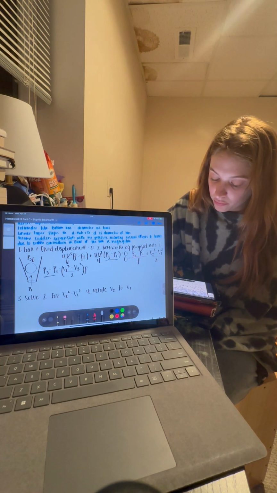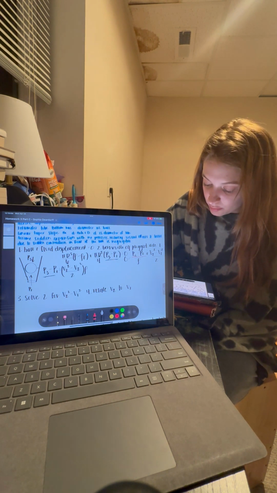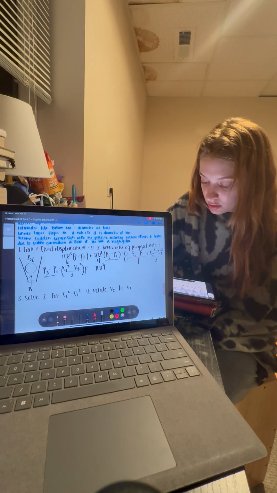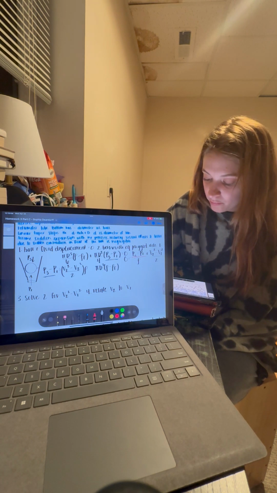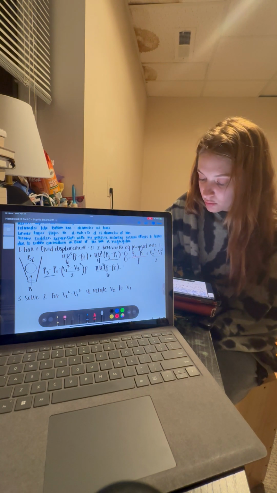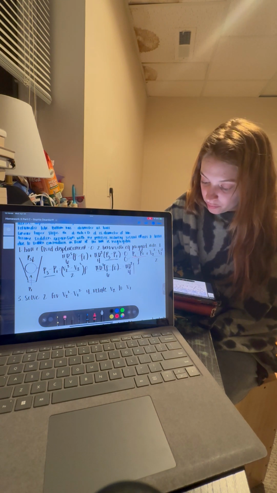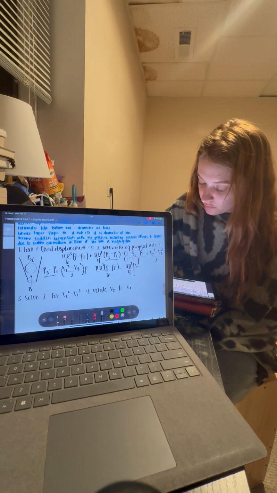That will end up looking like pi d cubed (rho ball minus rho fluid) over 6 is going to be equal to pi d squared over 4 times V2 squared minus V1 squared over 2, times density.